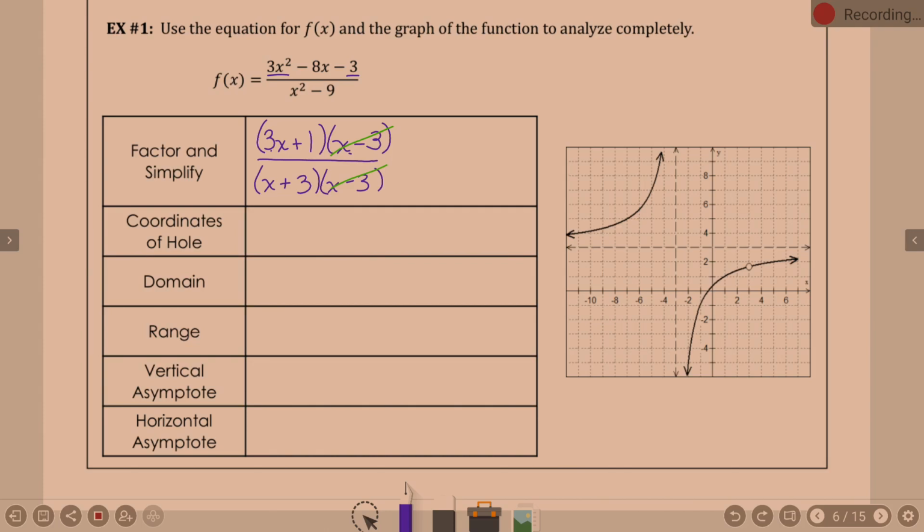A hole where? If this is the factor x minus 3, I always say set equal to 0, so there's going to be a hole at x equals 3. Now, it technically says it wants the coordinates. So when we talk coordinates, I'm looking for an ordered pair.